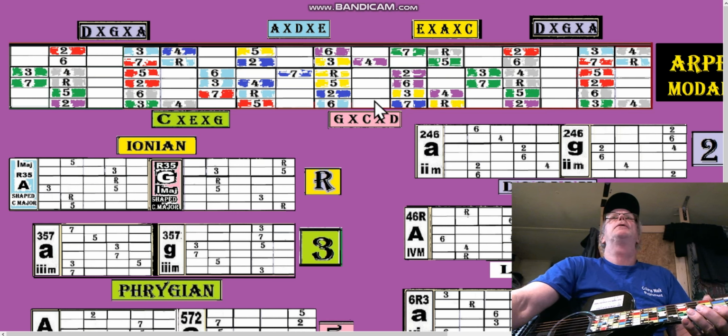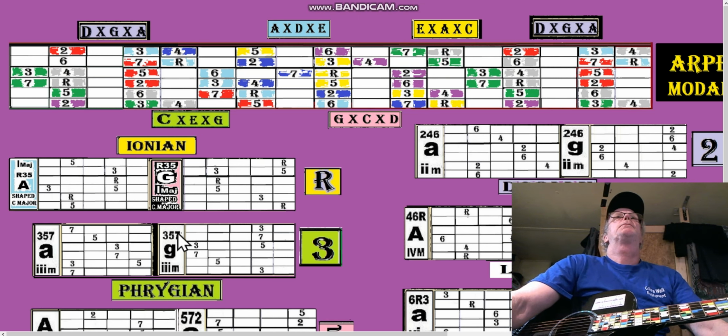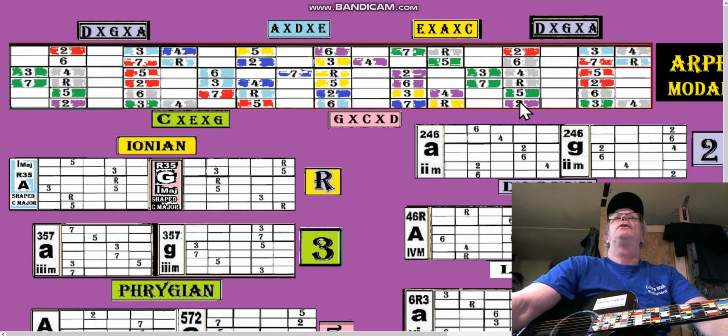So this is what we're going to be focusing on today. How the arpeggios, minor or major, the modal arpeggios, where do they fall? Okay, so the answer is probably right in front of us. So let's look at Dorian, which is the 2 minor, which is right here.